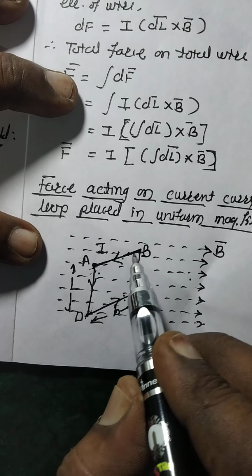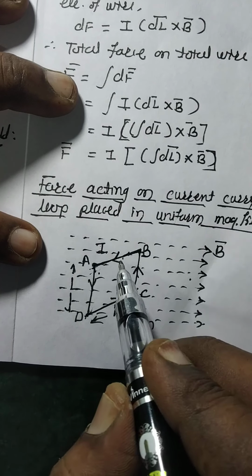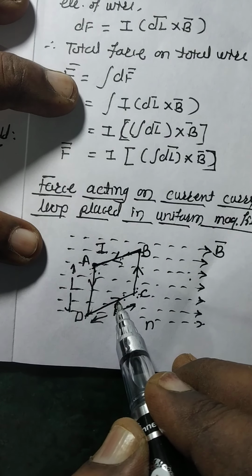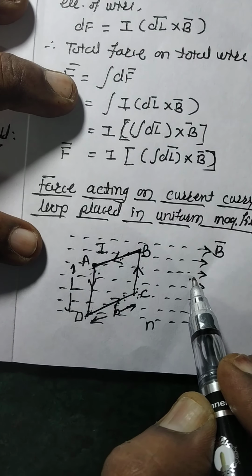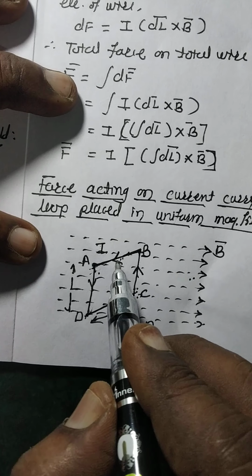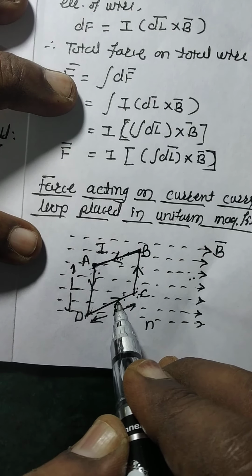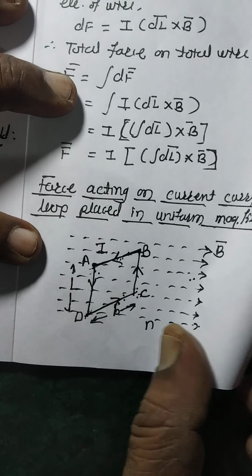As sides AB and DC are neither parallel nor perpendicular to the direction of magnetic field, magnetic forces acting on them are equal in magnitude but opposite in direction and cancelled with each other.